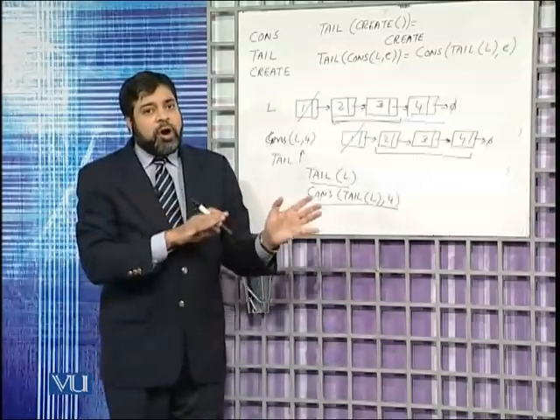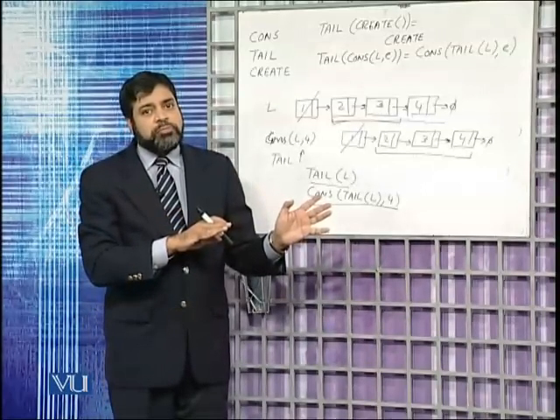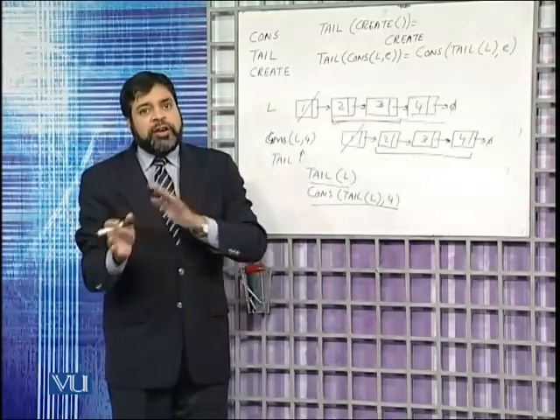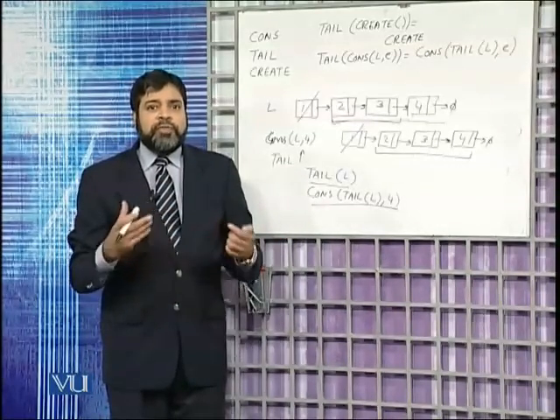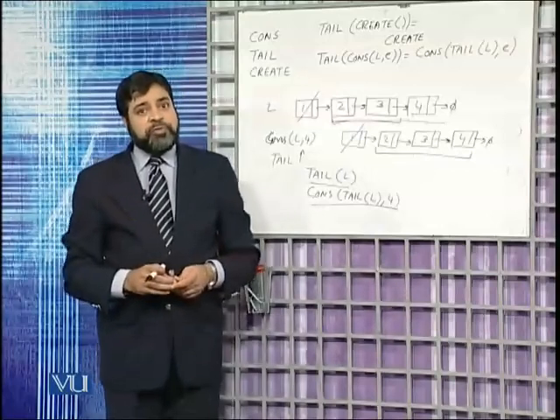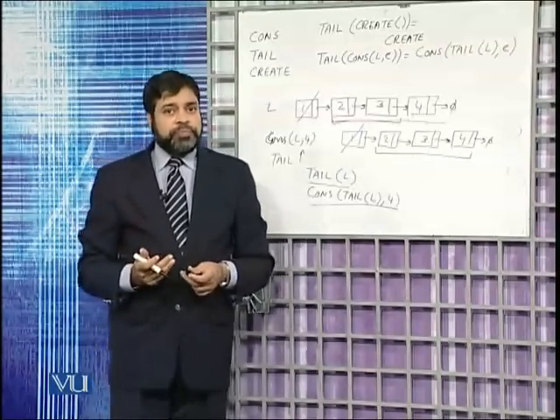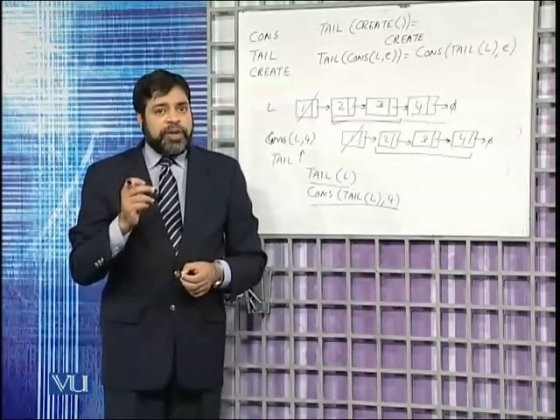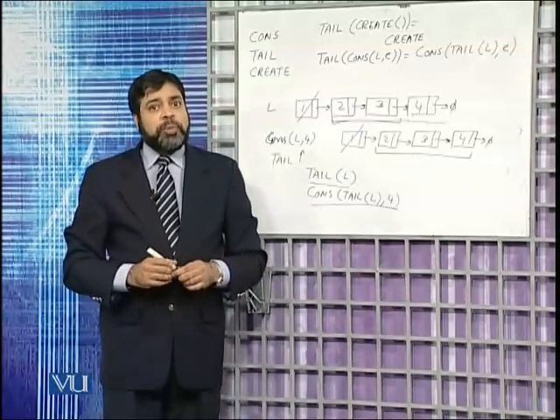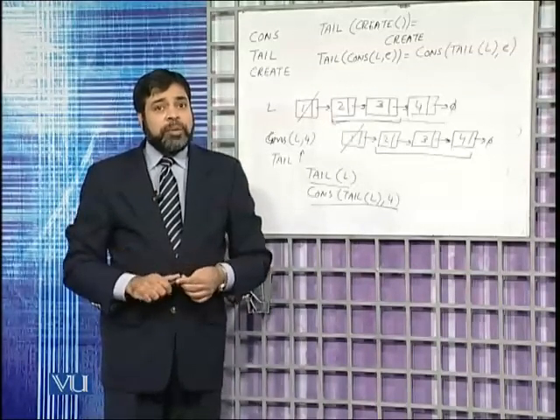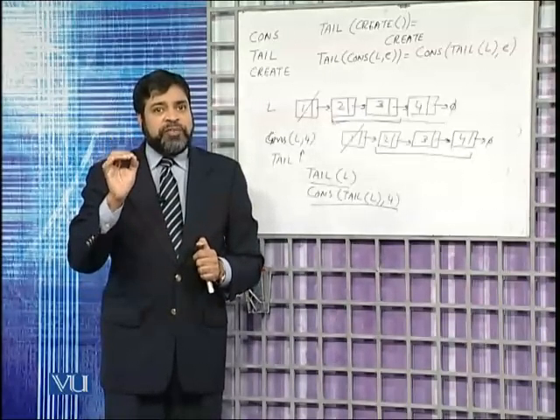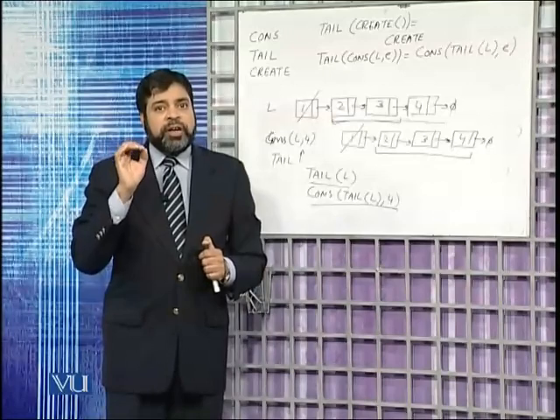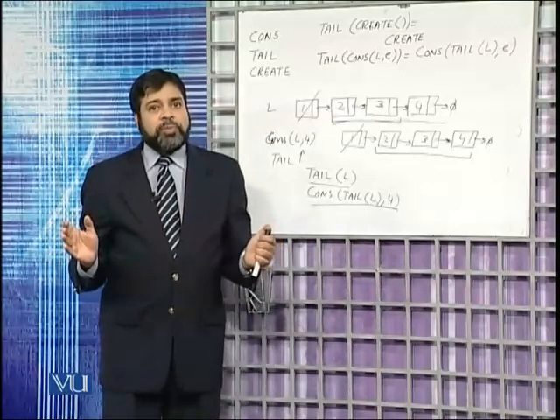So cons and tail and cons, they are defined and specified in terms of each other recursively. Very interesting, but sometimes you have to do it like that. But once again, see how precisely it specifies the behavior of all these different operations.